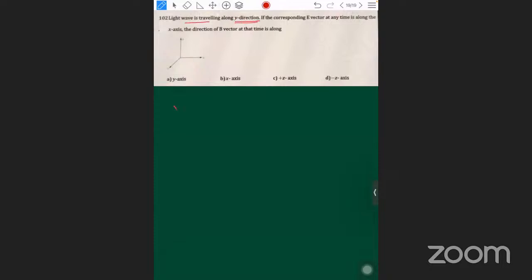Light wave is traveling along the direction y, means velocity is along the y-axis. And they are telling that the electric field E vector is along the x-axis. So electric field is acting along the x-axis. And the magnetic field vector at that time is along which axis?